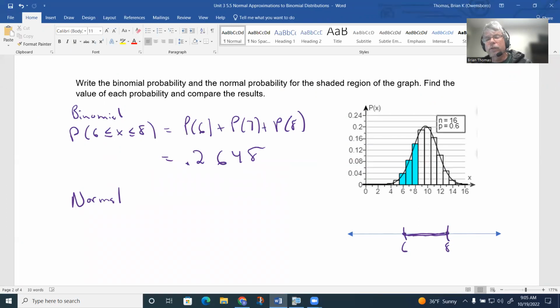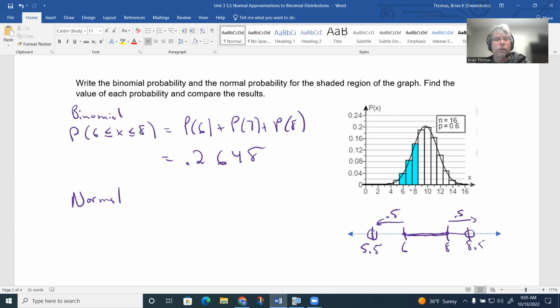To keep the 6 and the 8 included, you have to move to the left using the continuity correction, the 0.5. So I have to subtract 0.5 from 6. That's going to give me 5.5. And then I have to move to the right of 8 to include the 8 in the interval. You have to add 0.5 there. So if I add 0.5 to 8, that's going to now be 8.5.